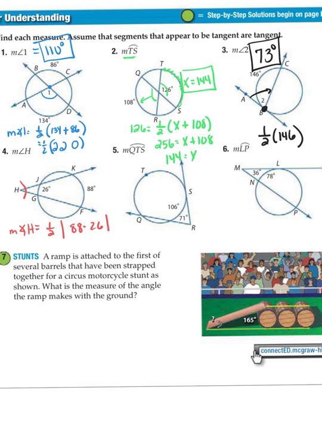If I subtract 88 and 26, I get 62. Half of 62 is 31 degrees. So angle H must be 31 degrees.